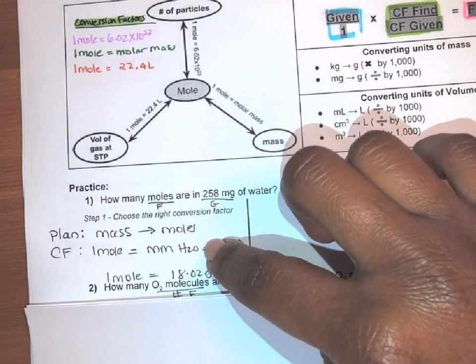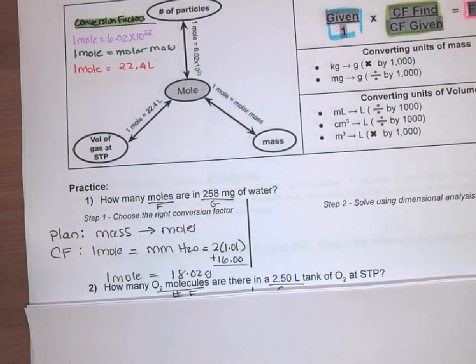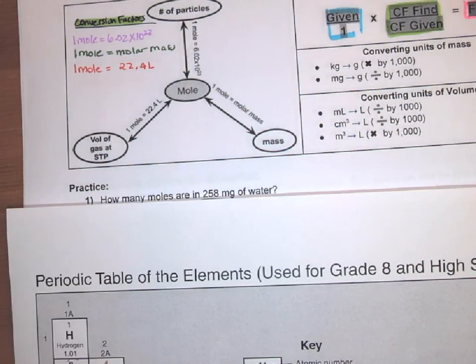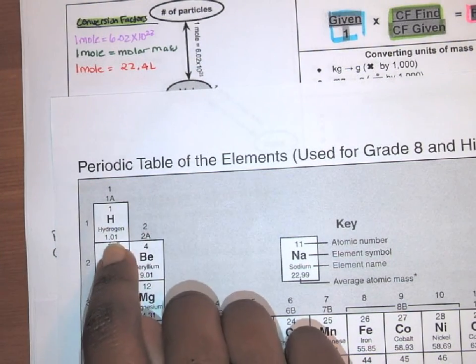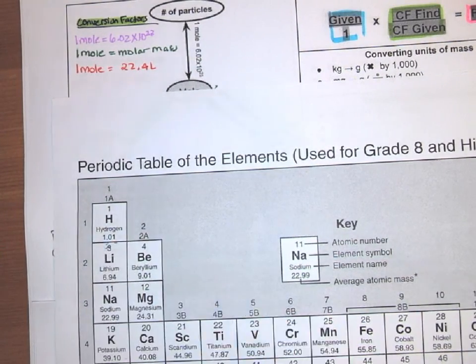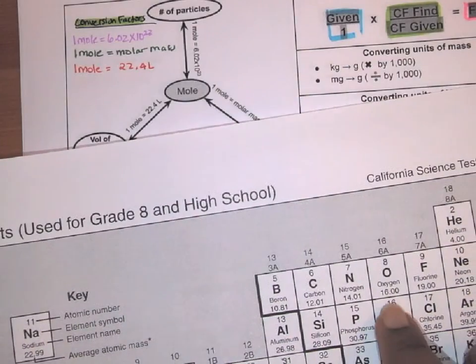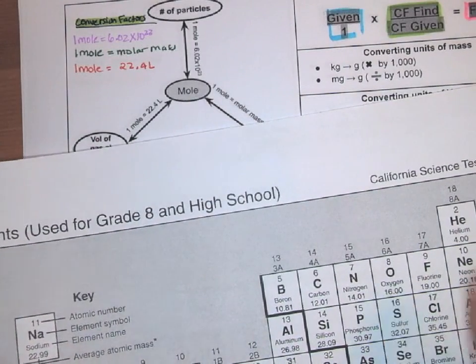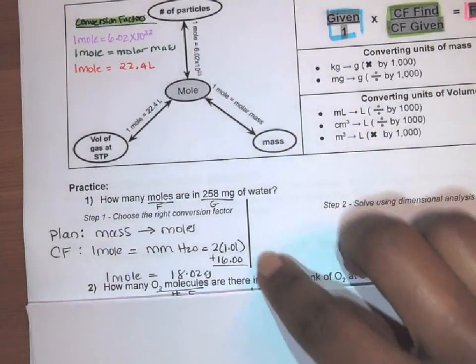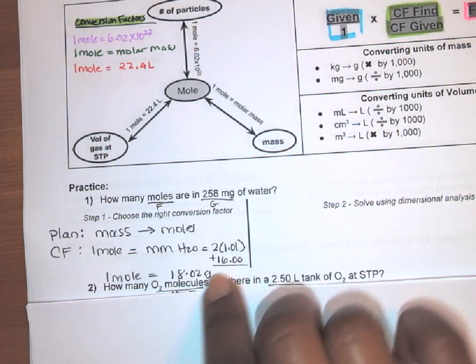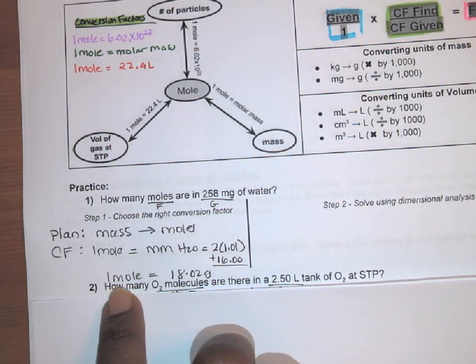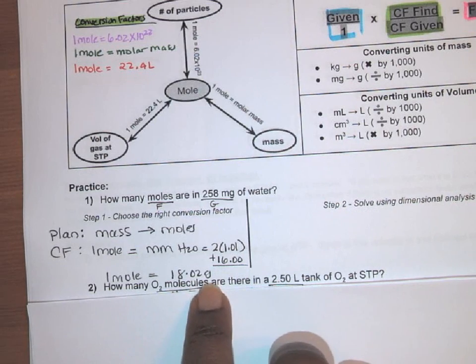Now, because this is a molecule, I'm going to need to calculate the molar mass from the periodic table. So water is H2O. It's made up of 2 hydrogens, so 2 times 1.01, plus 1 oxygen, plus 1 times 16, or just 16. So that's my work here. And then I got the molar mass to be 18.02 grams. So my conversion factor here is 1 mole is equal to 18.02 grams.